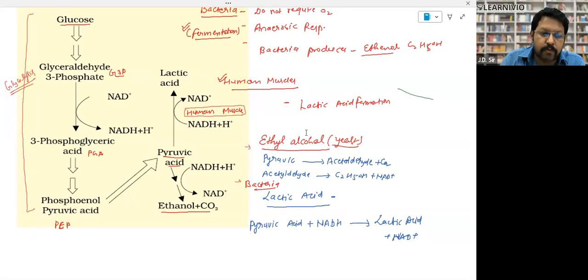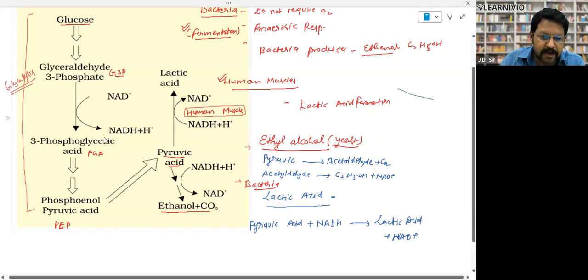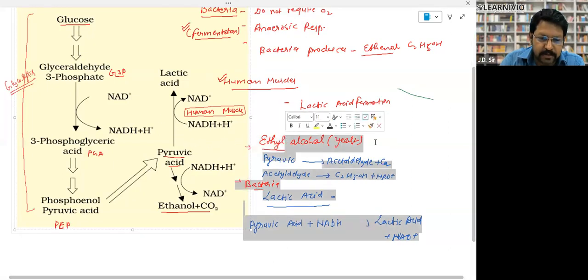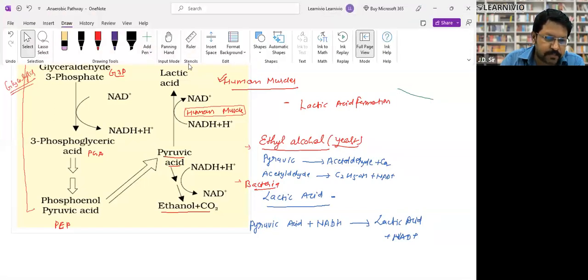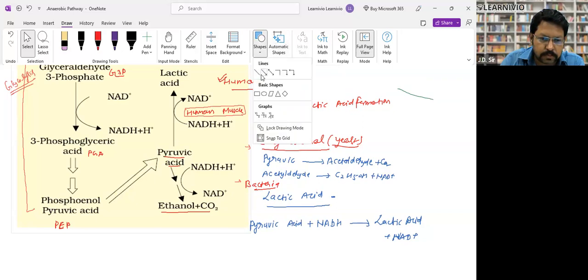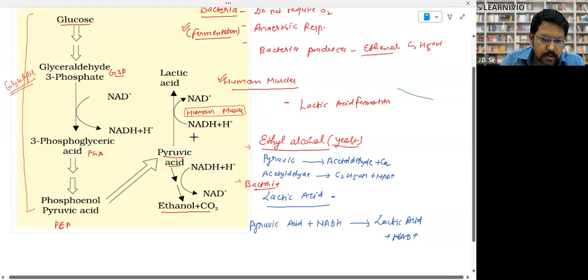So I want both of you to note down this complete cycle and put a line between this. Put a line here. Let me put a line over here.